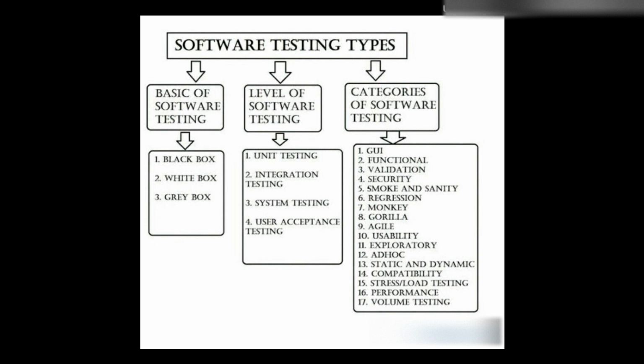Number 3, system testing. System testing is a type of testing where the tester evaluates the whole system against the specified requirements. A. End-to-end testing. It involves testing a complete application environment in a situation that mimics real-world use, such as interacting with a database, using network communications, or interacting with other hardware, applications, or systems if appropriate.